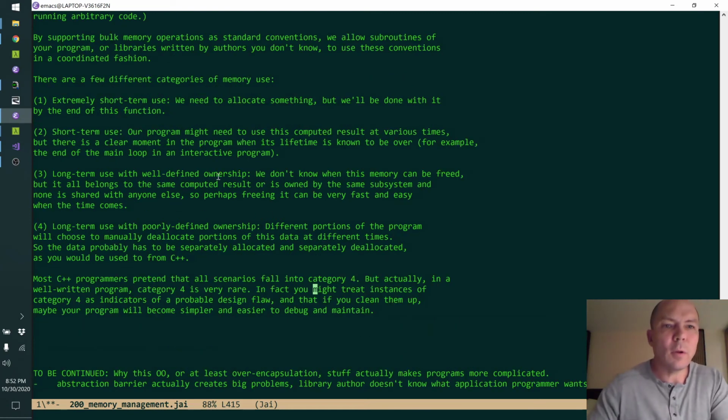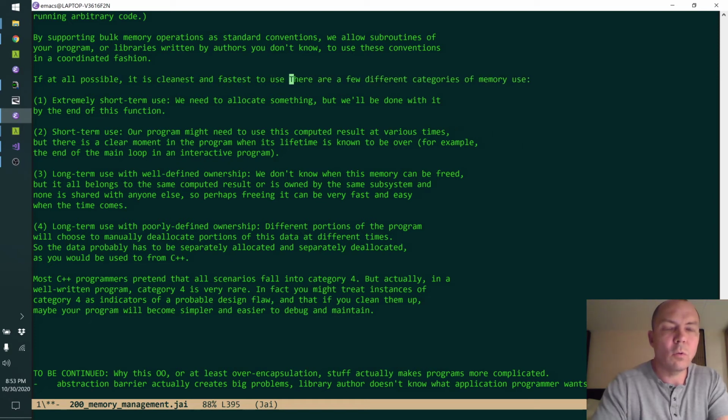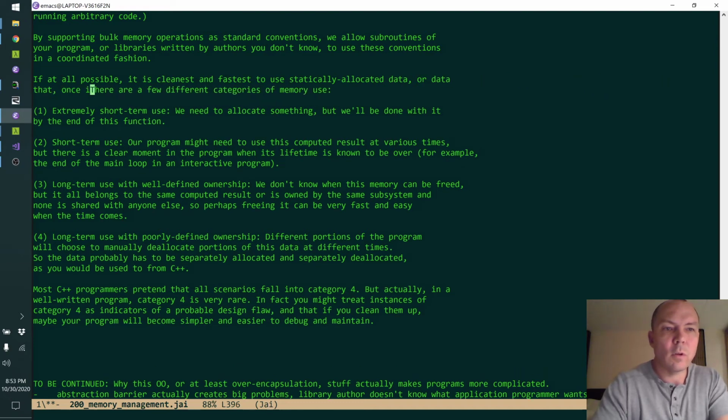Let's say that up here. If at all possible, and fastest to use, statically allocated data, or data that once initialized is never intended to be freed.